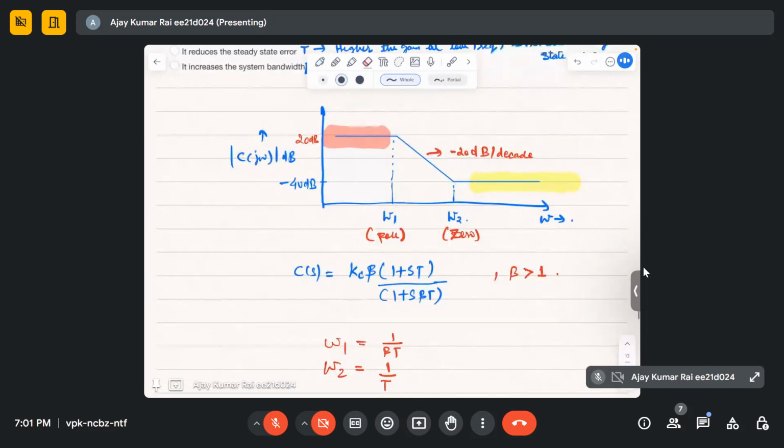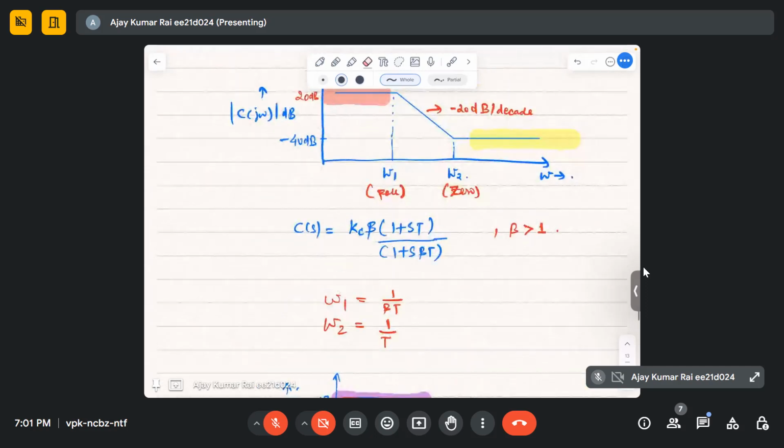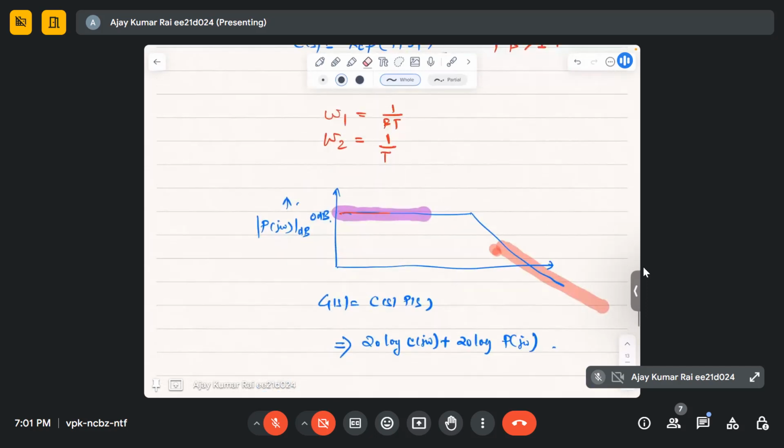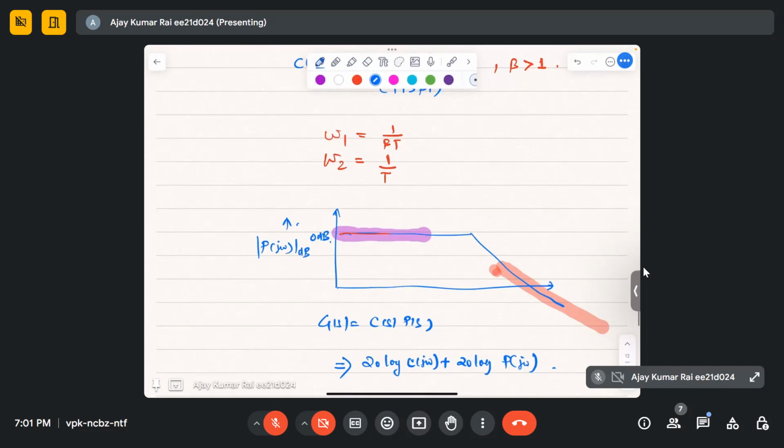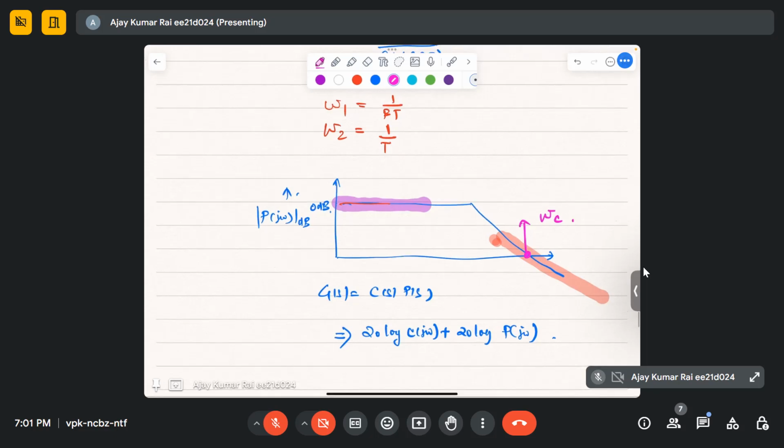The key is that we are multiplying these two transfer functions in the Bode plot. Let me choose this frequency. At higher frequency, this frequency will be reduced, so it will come here.